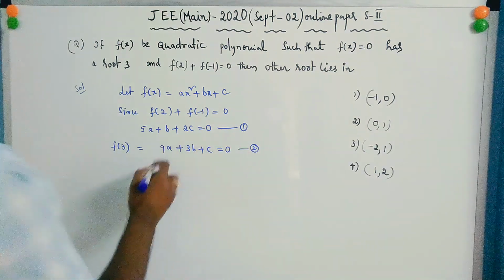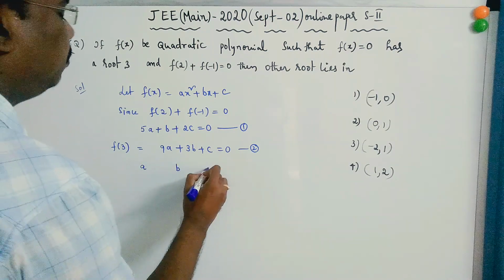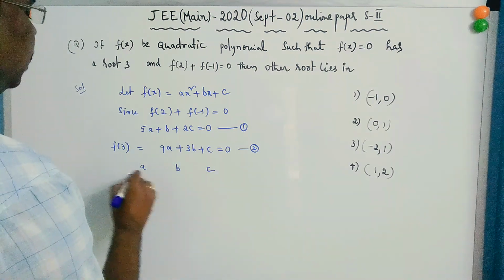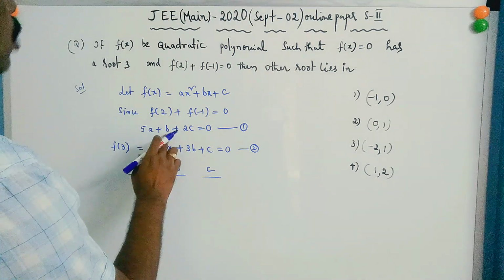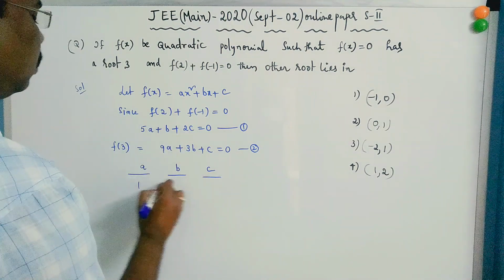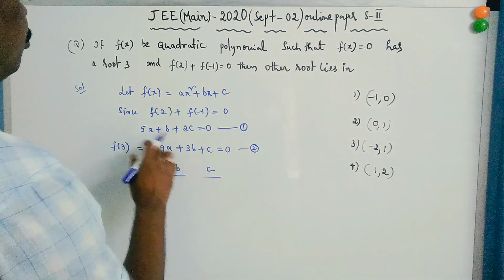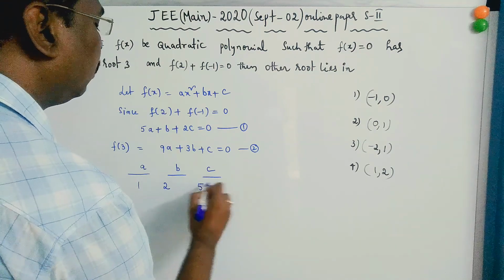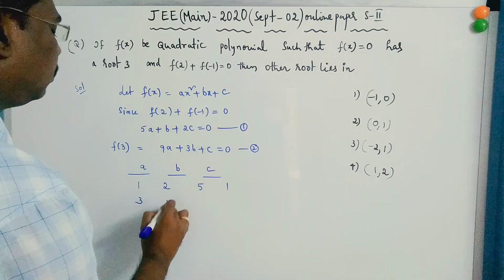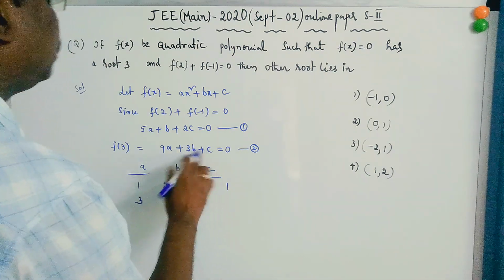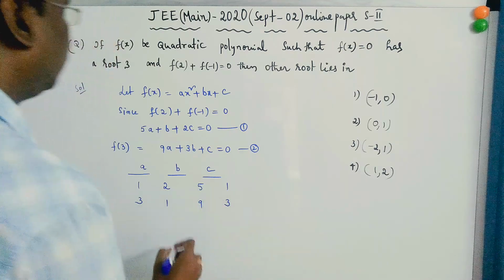Okay, now a, b, c values by the cross multiplication method: 1, 2, 5, 1, 5, 1, 3, 1, 9, 3.